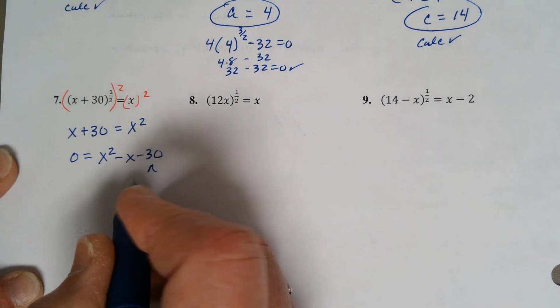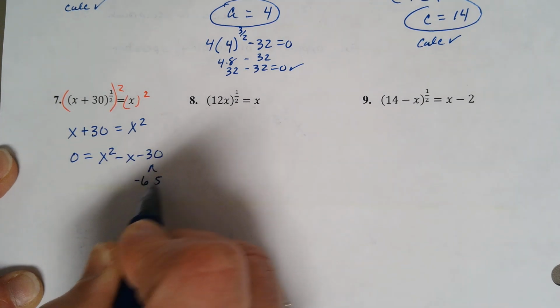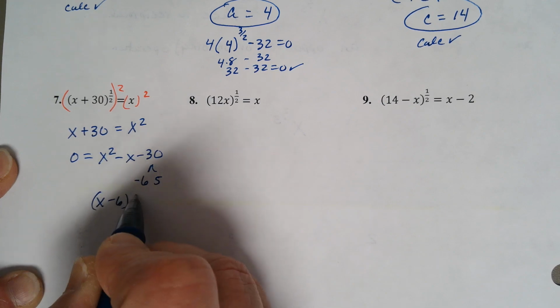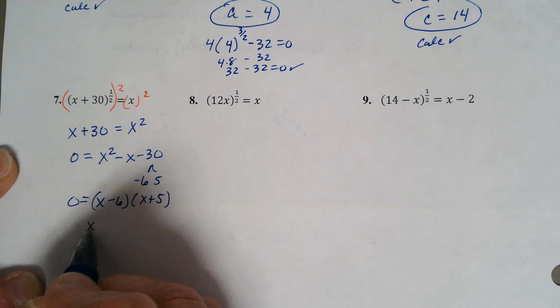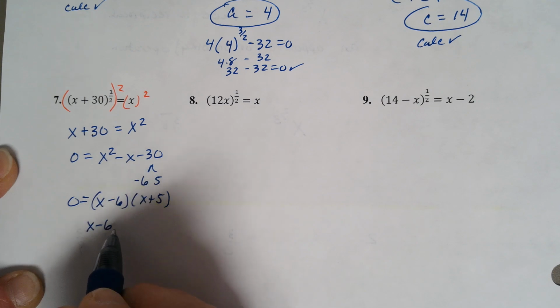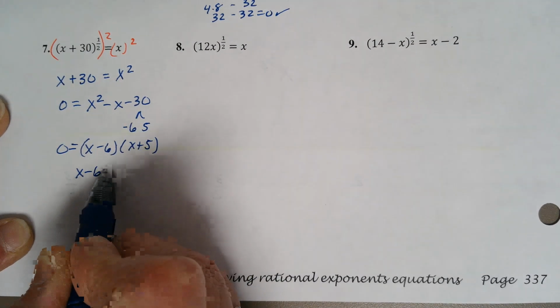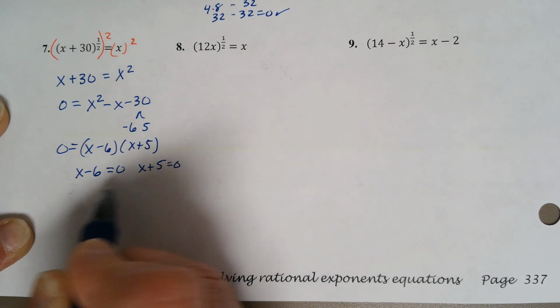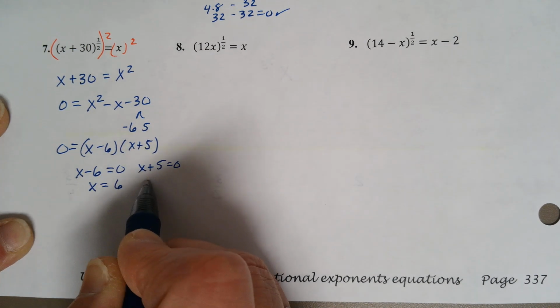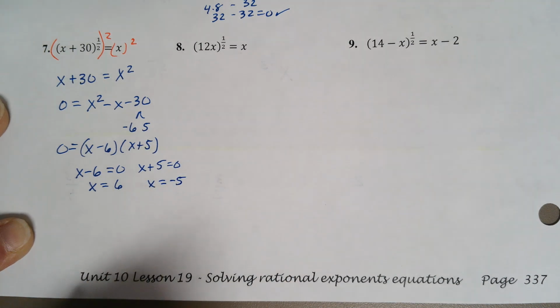Factors of negative 30 that sum to -1 are -6 and 5. Okay, rewind. X equals +6 and x equals -5.